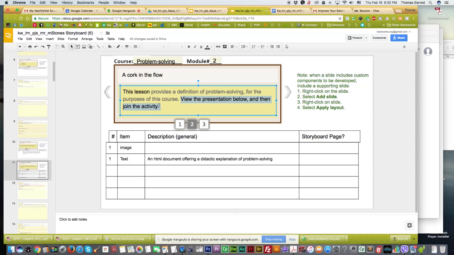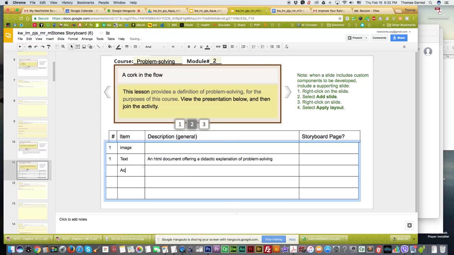All right. So we should be listing the components that we mentioned on the other one. So there's image, there's text, there's activity, and we're going to say 2 activities. And then we should be putting the page number, the slide number, excuse me.